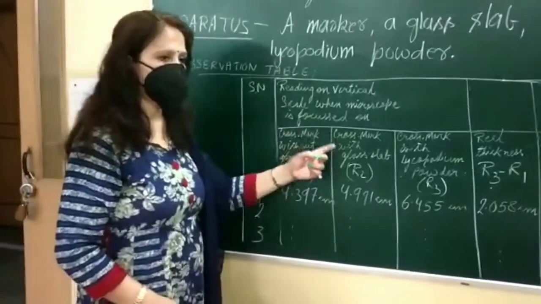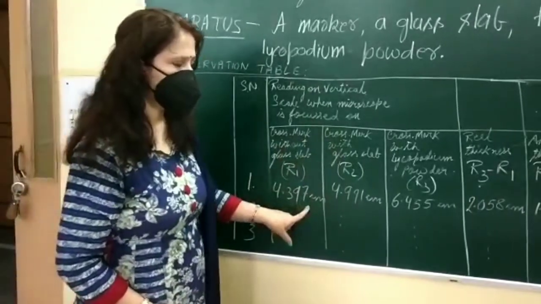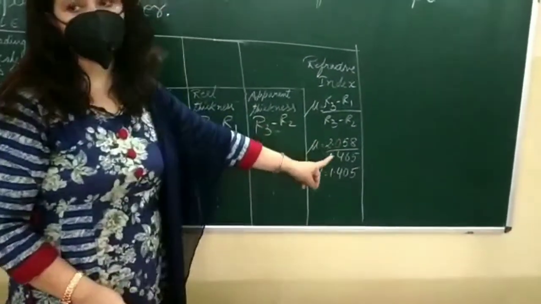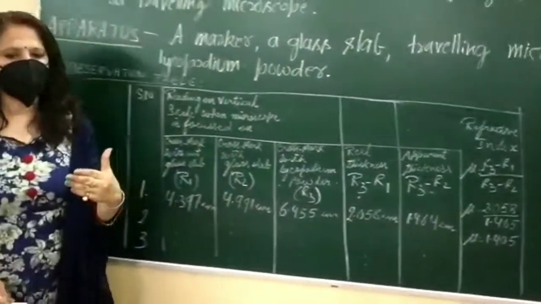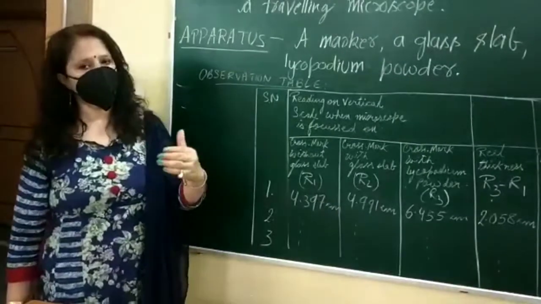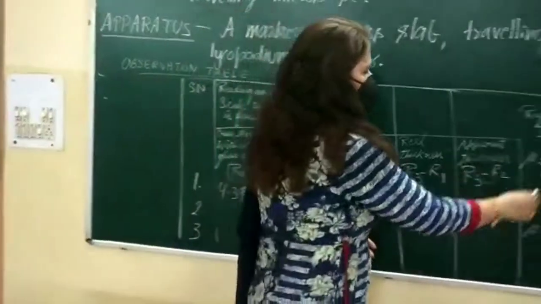We should know the least count, then calculate the vertical scale reading. After that, of course, calculations are there. These calculations should be done in a proper manner. And while taking the reading, we should use a magnifying glass so that there is no error. So finally, we get the value of the refractive index.